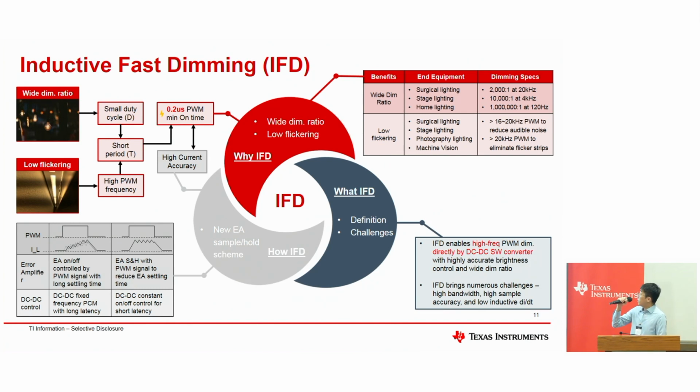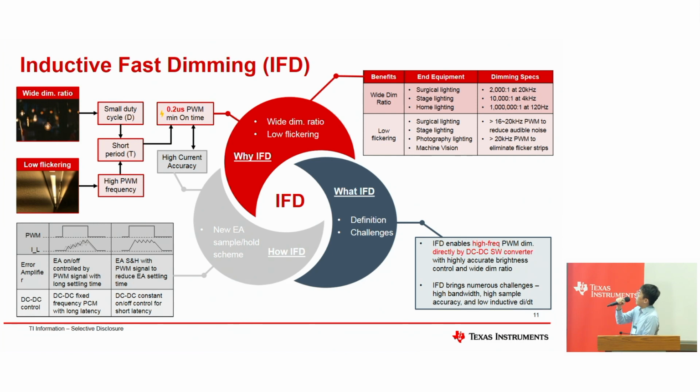Both of these benefits lead to one single parameter you can use to judge whether an LED driver does well on dimming: the minimum PWM on time. The shorter we can turn on the duty cycle, the more contrast we can have in the low-bright to high-bright contrast ratio.